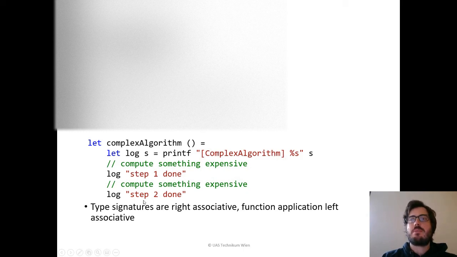So in those steps, we don't need to write the complex algorithm prefix anymore. There will be more intelligent use cases of partial applications and curried functions in the future. However, this is, so to speak, the very basic.